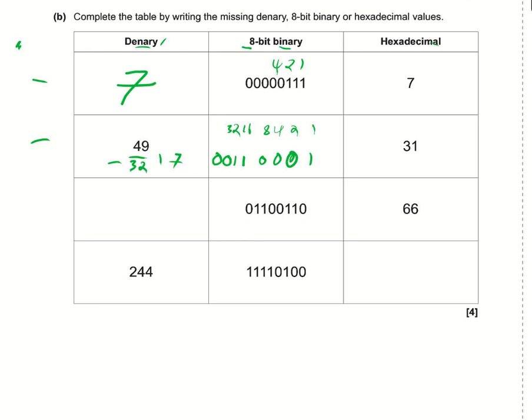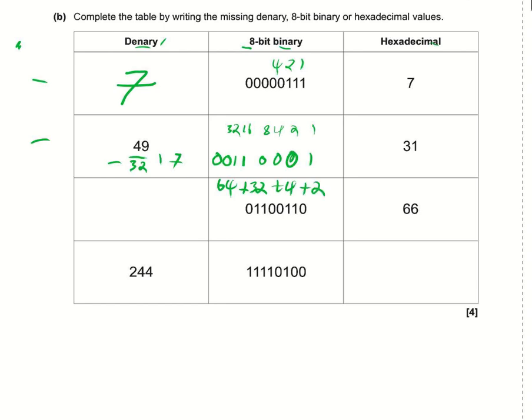Looking at the next question, again, I've got a choice of either I convert the binary or the hexadecimal. Now the binary might be easier because I've got 64, I've got 32, I haven't got 16 or 8, I've got 4, and I've got 2.